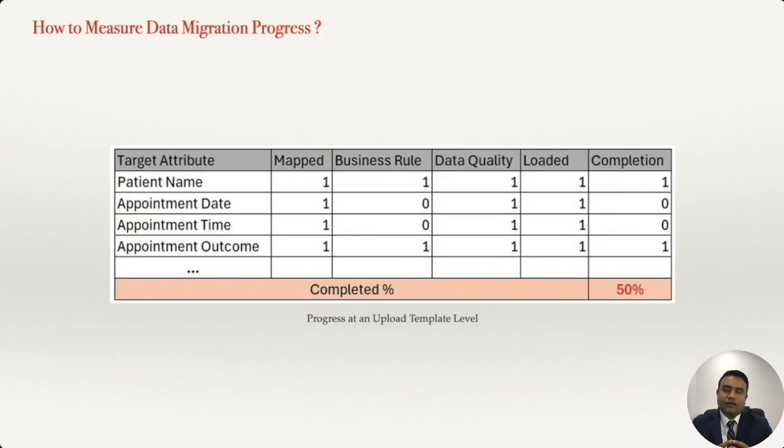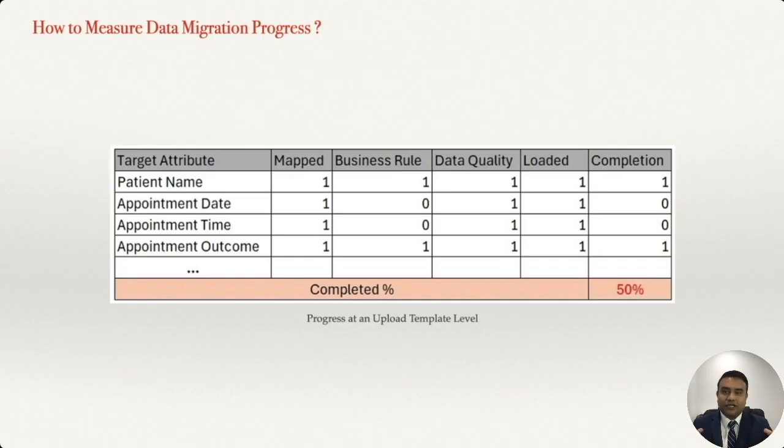We need to understand that we never migrate data directly into the backend of the target system, which may include hundreds or even thousands of tables. Rather, the target system uses an intermediary data upload mechanism such as CSV or Excel data templates, denormalized SQL tables, or even REST APIs.